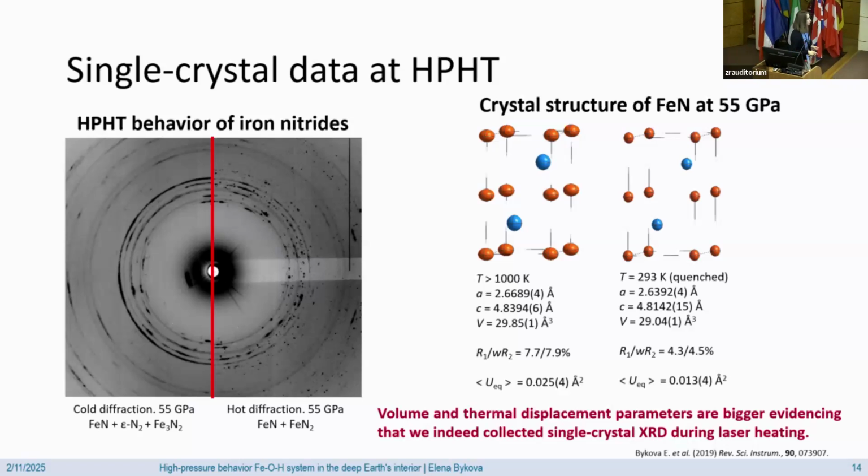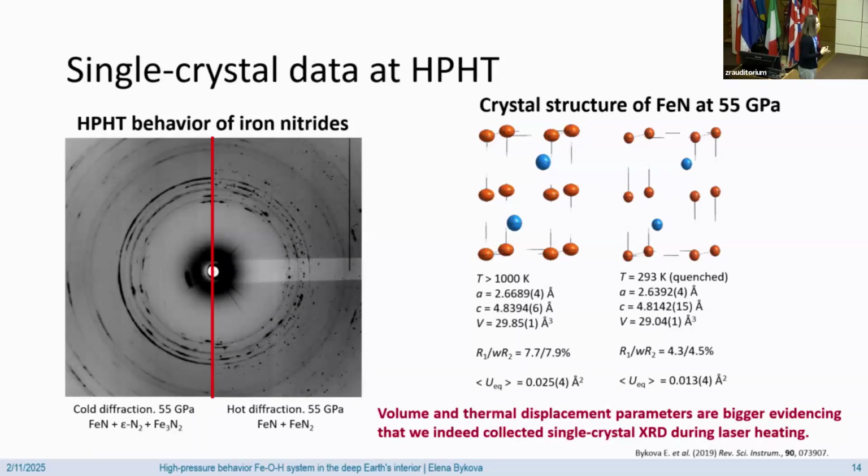So this is one of the first results obtained with such a system. That's heating of iron in nitrogen. So you see some powder of the initial reagents without the heating. And during the laser heating, you see the appearance of these spots. They correspond to single crystals that are forming at this 1000 Kelvin. So the temperature was around 1000 Kelvin in this case.